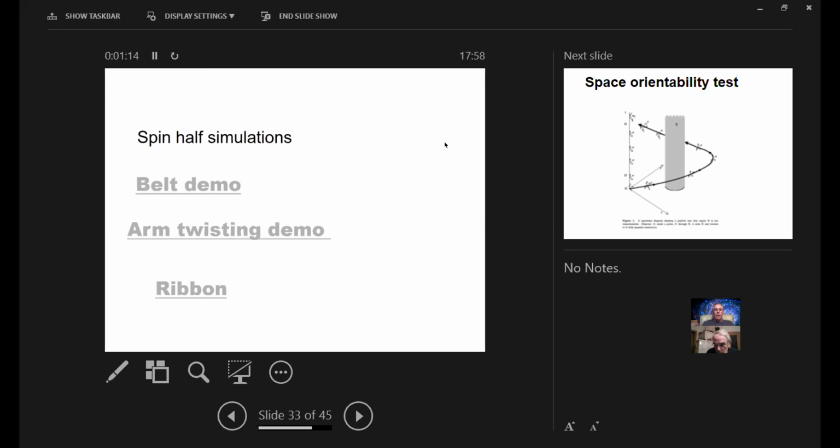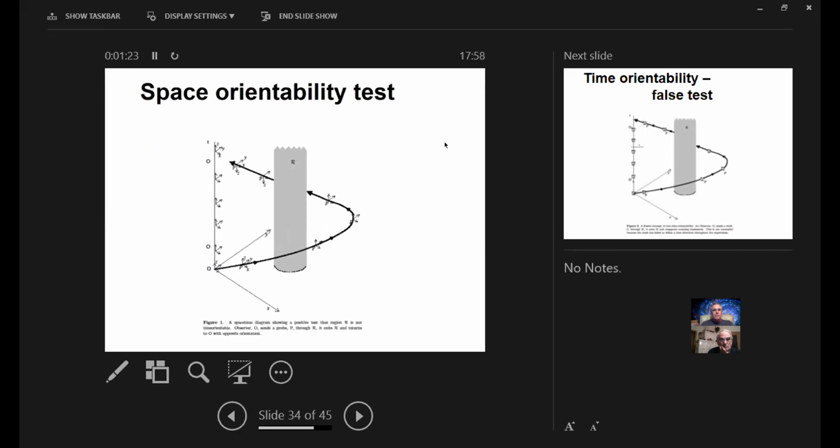So I'm going to show you how, as an experimentalist, we will test for space and time orientability and come up with an obvious answer. What I'm trying to show here is some region of space, and we're curious about whether it's orientable or not. So we start off in the lab with our reference frame coordinate system.